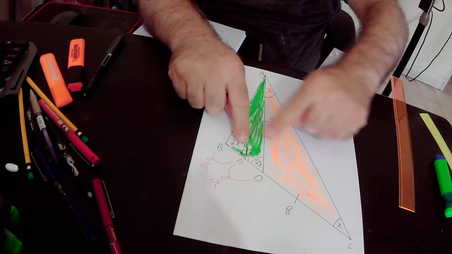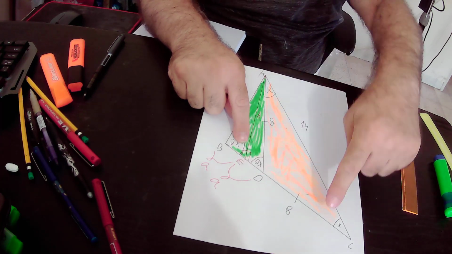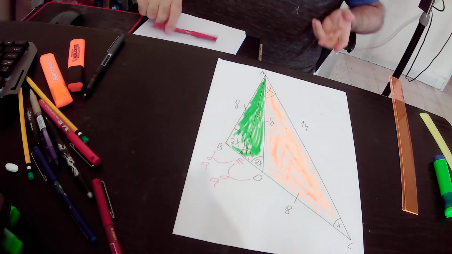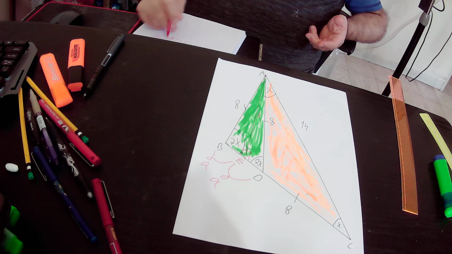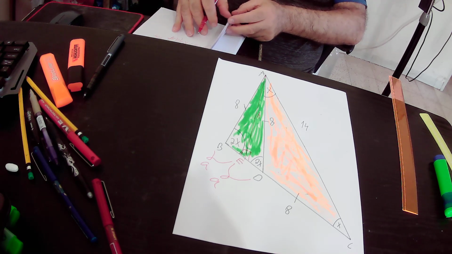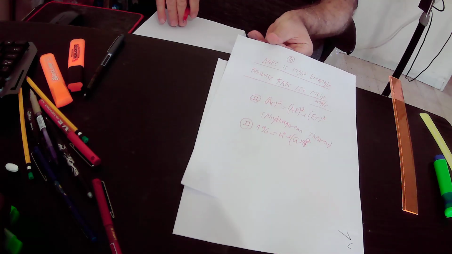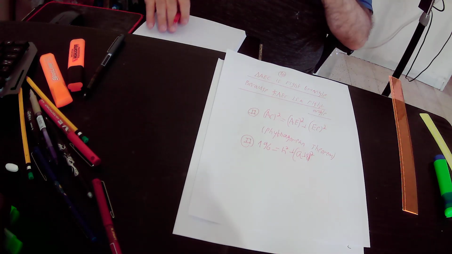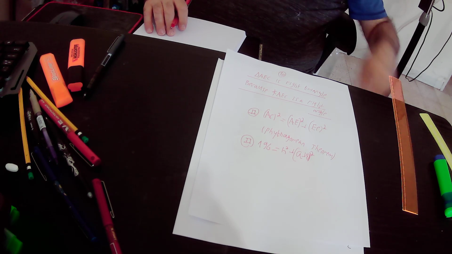EC equals a plus 8. Again, EC equals a plus 8. So EC square equals (a plus 8) square. So equation number 2 states that 196 equals 8 square plus (a plus 8) square.